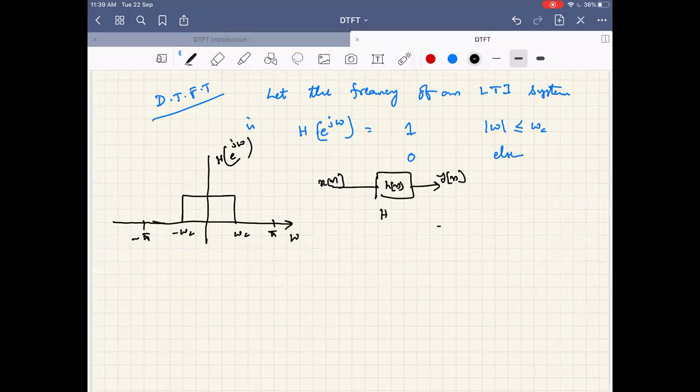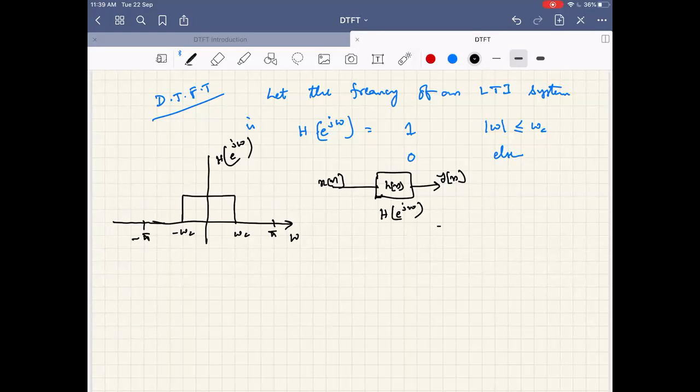This system, with frequency response H of e power j omega, only passes the frequencies from minus omega c to omega c, and it completely attenuates the rest of the frequencies. Whatever may be the frequency content in the original signal, it passes the frequency content in the range minus omega c to omega c, but completely attenuates the other frequency contents.